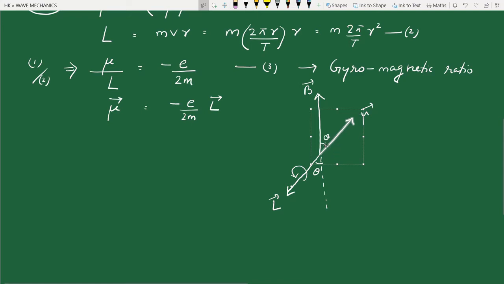In other words, this theta will have certain specific, quantized values. The dipole moment will be oriented with respect to the field direction not at all possible angles, but only at certain specific angles. How do we specify these directions?